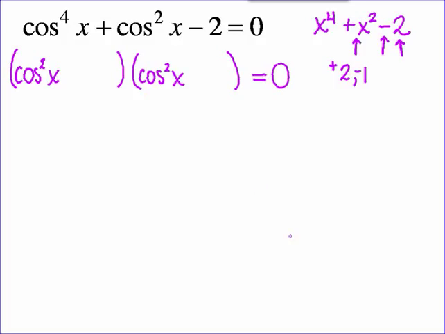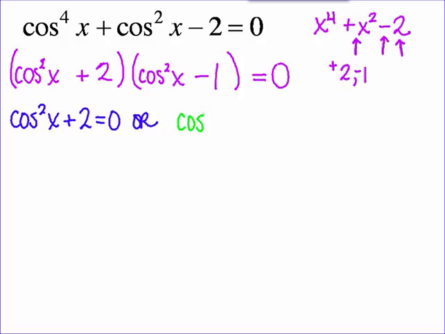Plus 2 and then minus 1. And so now, according to the zero product property again, I can go ahead and break those down. The first answer is that cosine squared x plus 2 equals 0, or cosine squared x minus 1 equals 0.